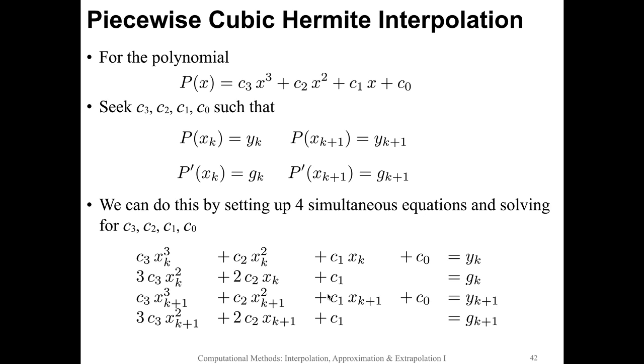The third row is the constraint that we meet the measured value at the end of the interval, and then the final row shows that the derivative of p needs to be equal to the gradient at the end point of the interval. So we've written it just as 4 simultaneous equations.